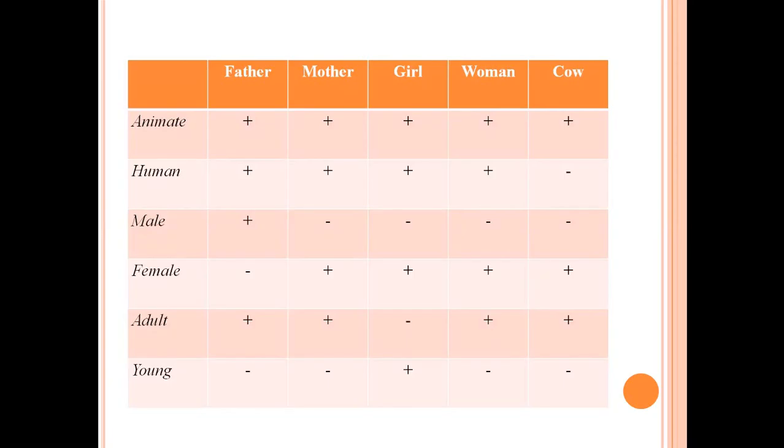So this is called hyponymy. We will look at these kinds of relationships in our next class.